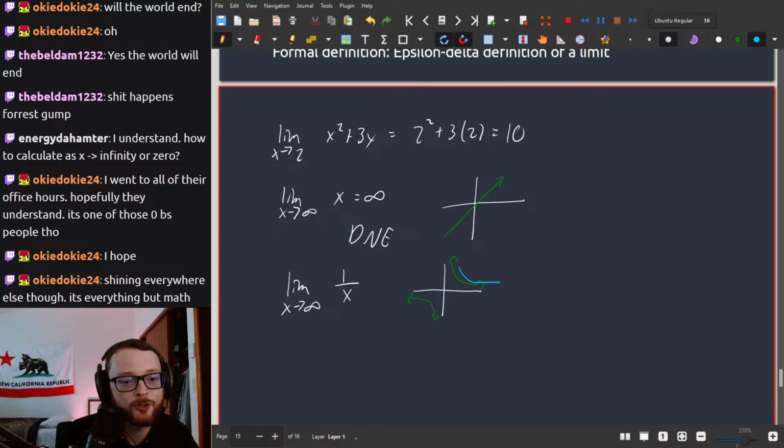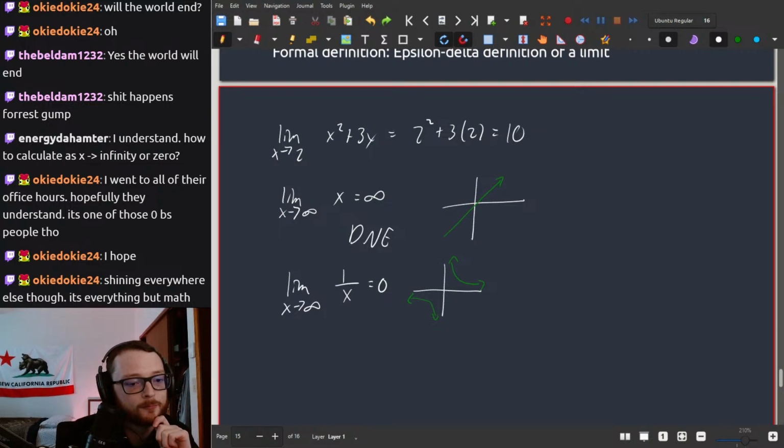So this function is decaying. And while it never quite touches 0, it can get as close to 0 as you want. So this limit actually does come out to be 0. Another way to think of it is, if you do 1 divided by a really big number, you end up with a very small number.